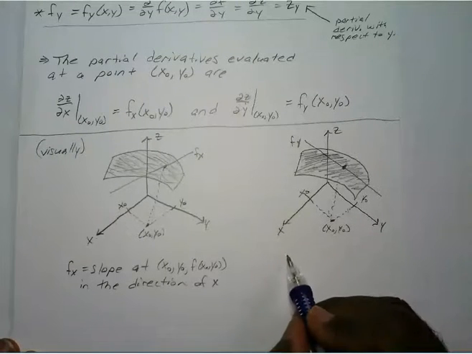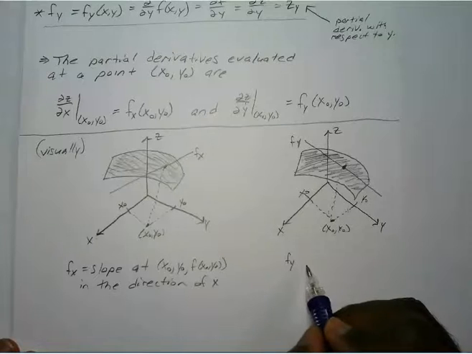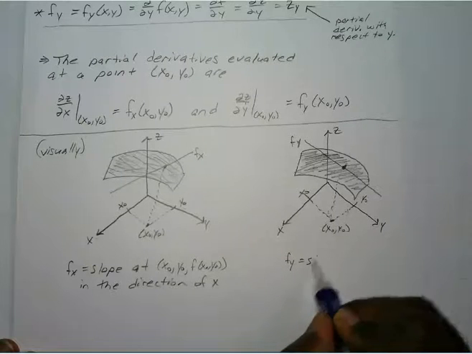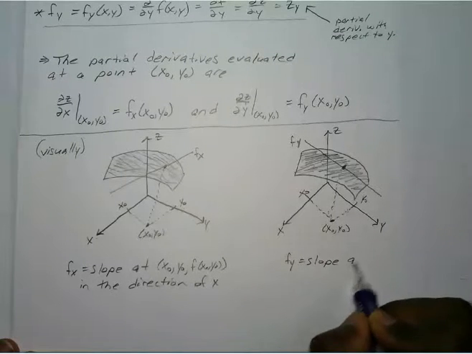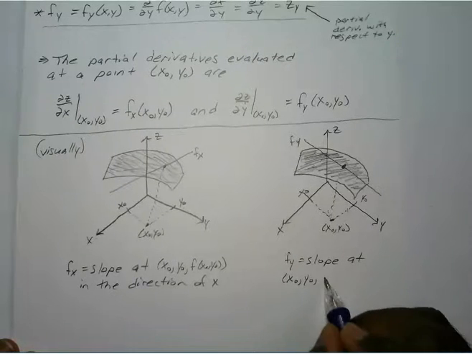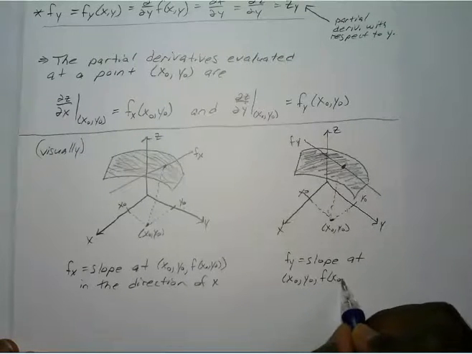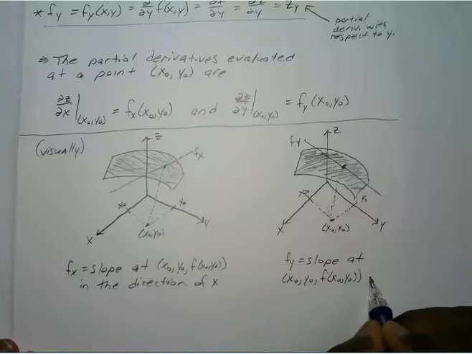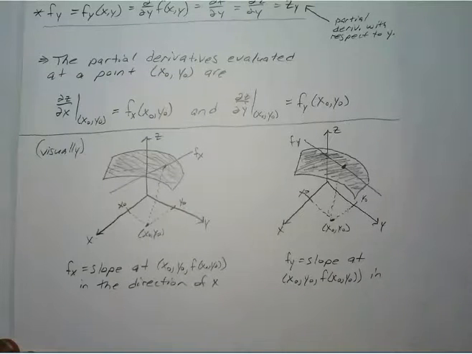And on this graph, our partial with respect to y is equal to the slope at x0, y0, f of x0, y0, in the direction of y.